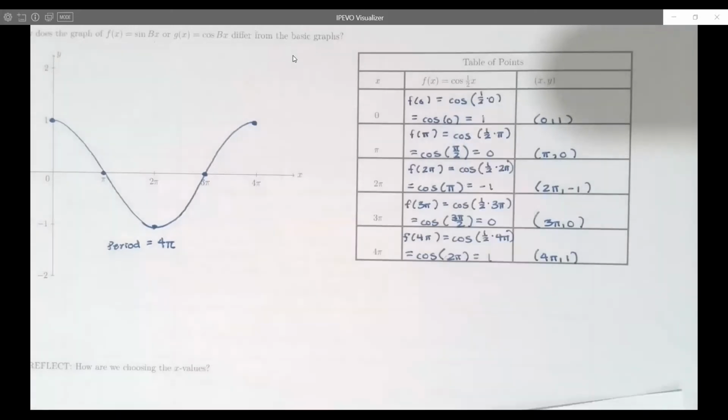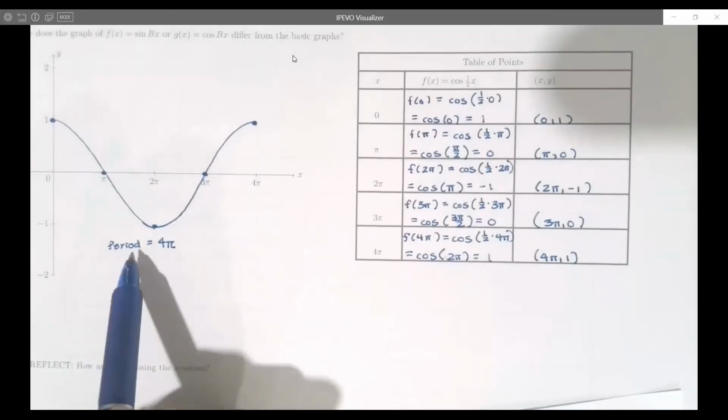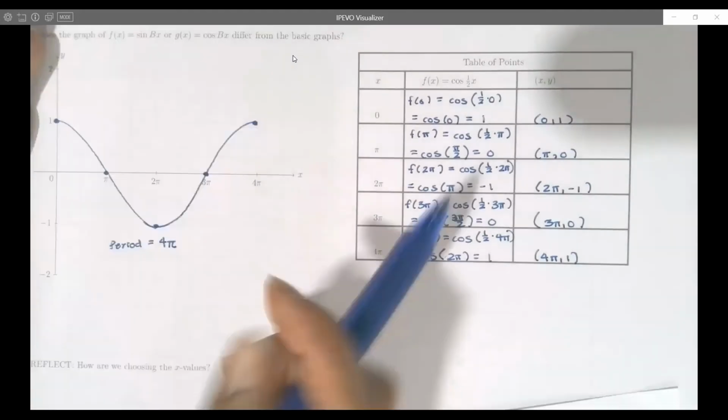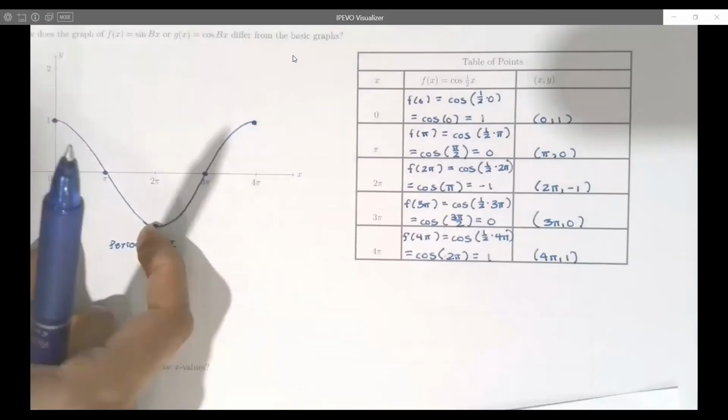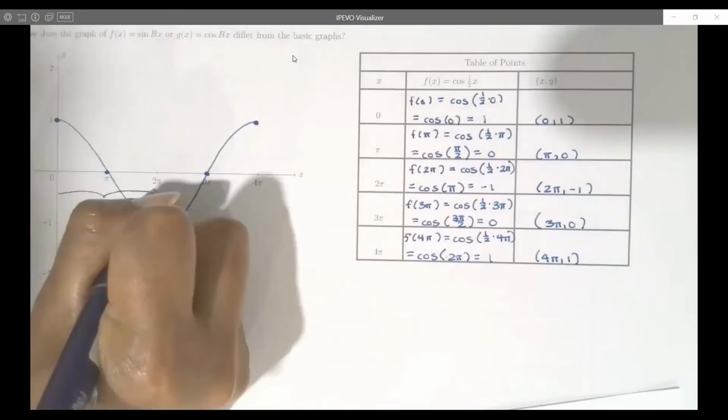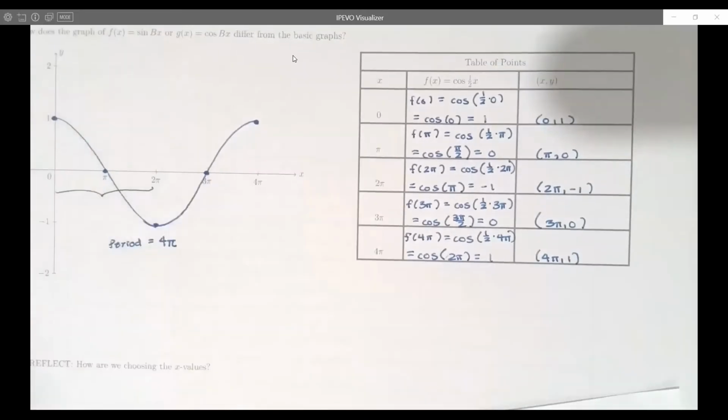So maybe right now we're not quite sure how it's directly related to the period, but I will say this. Okay, so we said it's taking twice as long to complete one cycle, right? We're going all the way to 4 pi. What that means is that in 2 pi radians, in the original length, it's completing how many cycles? Well, it's not 1/2?